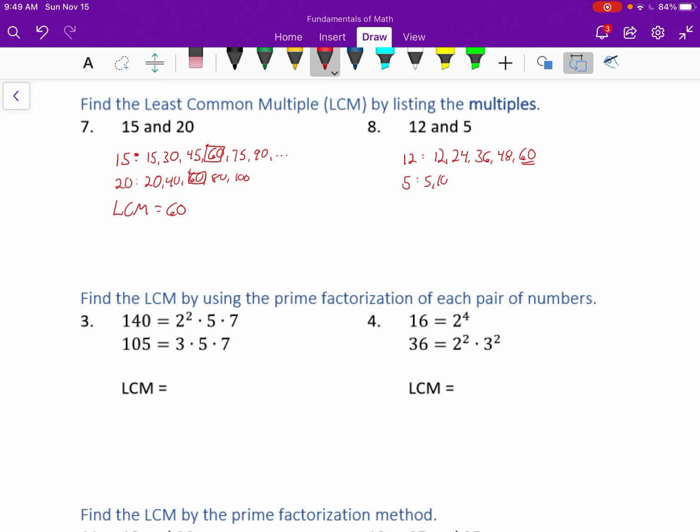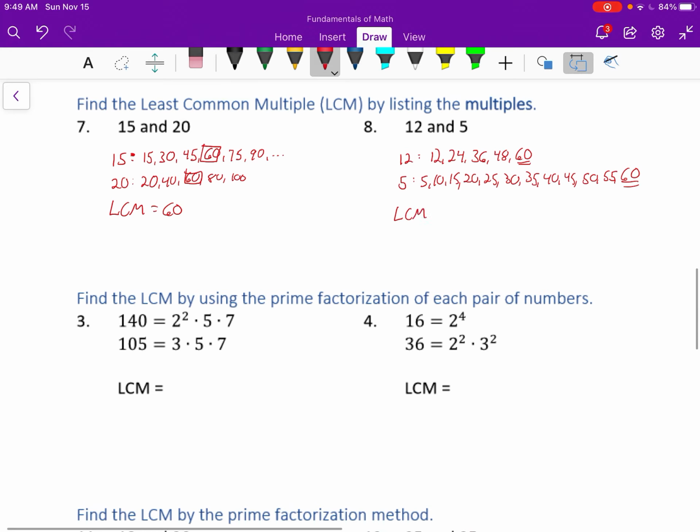So 5, 10, 15, 20, 25, 30, 35, 40, 45, 50, almost there, 55, and there's the 60. It is, in fact, the least common multiple.